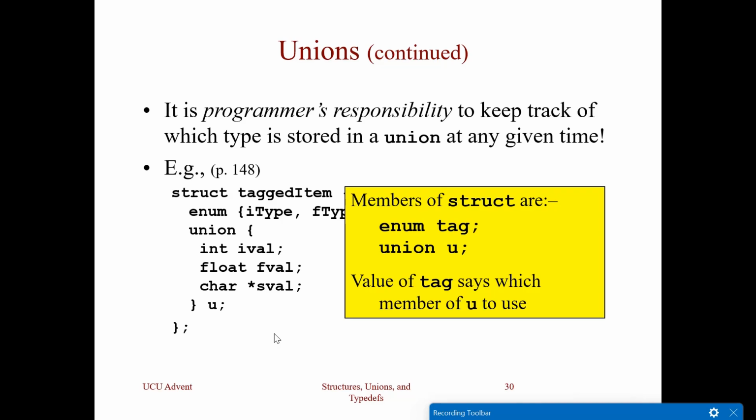So the members of a structure are an enumerator and the union. We created an enumerator here, and then we created also a union here. So these are two members of this structure called tagged item. The value of tag says which member of the union you are going to use.